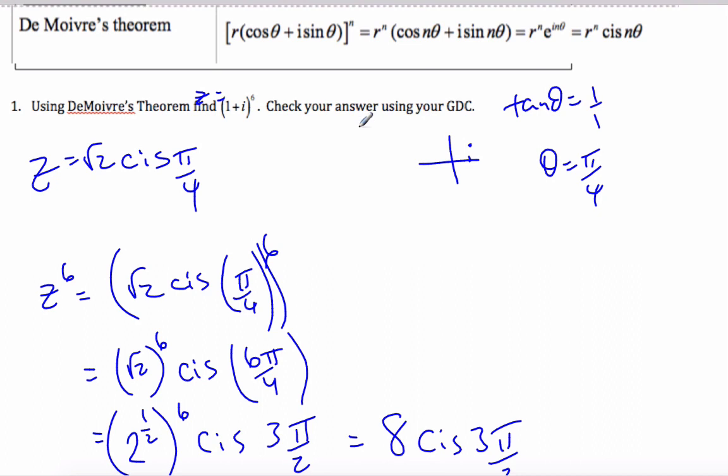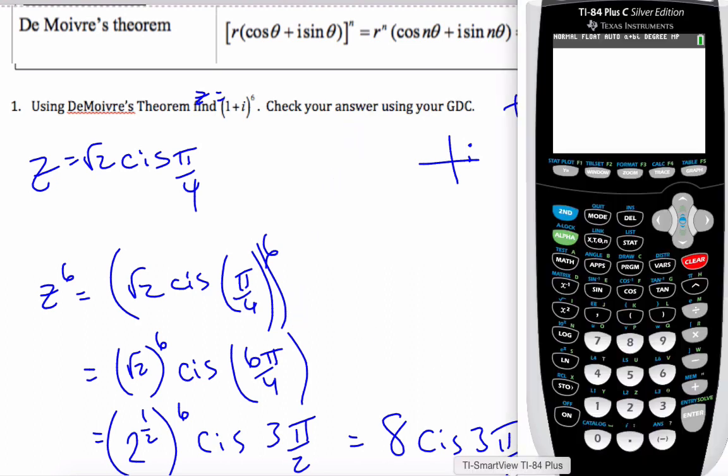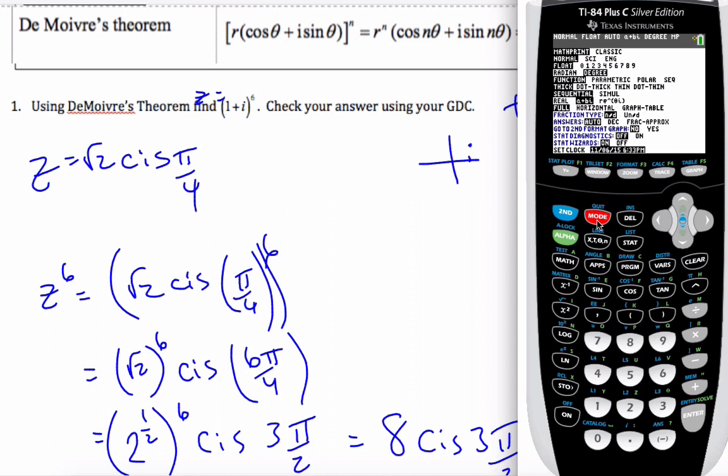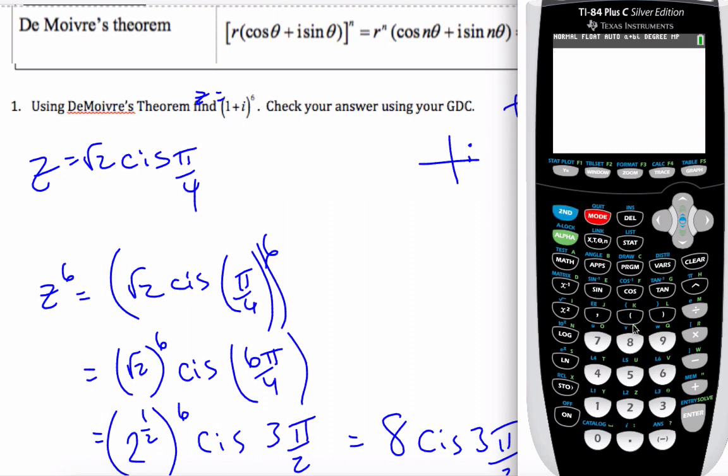It says check using your GDC. Well, one of the cool things is our calculators do a lot of these polar operations. So I'm going to check to make sure my mode is a plus bi. And I'm just going to go 1 plus i to the power of 6, and I indeed get -8i.